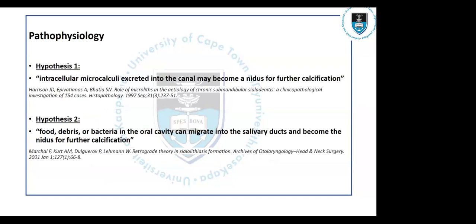While the pathogenesis of sialolithiasis is unknown, 2 major hypotheses have been proposed. Some speculate that intracellular microcalculi excreted into the canal may become a nidus for further calcification. A second hypothesis, known as the retrograde theory, suggests that food debris or bacteria in the oral cavity can migrate into the salivary ducts and become the nidus for further calcification.